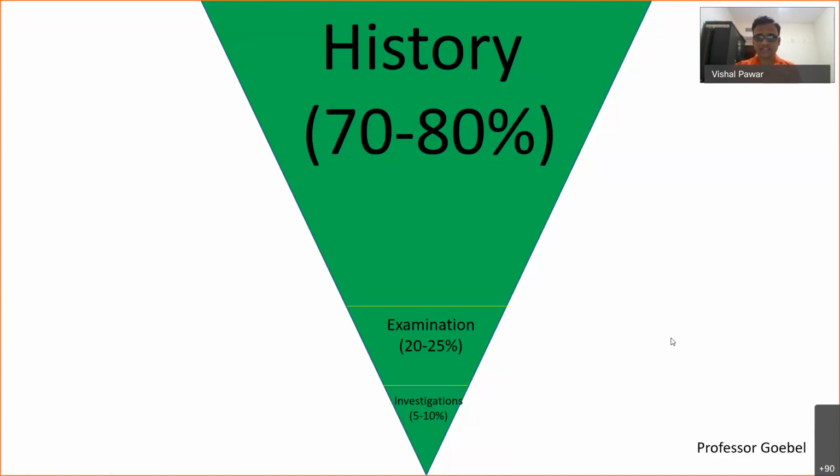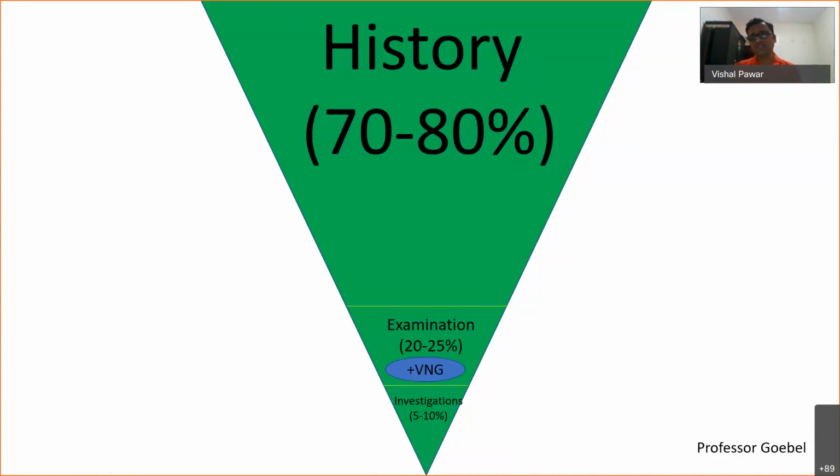So the next is, examination forms around 20 to 25% of the diagnosis. And investigations add up to around 5 to 10%. These investigations are MRI brain, audiometry, VHATs, and others. But I would like to add one more point in this examination part: VNG.